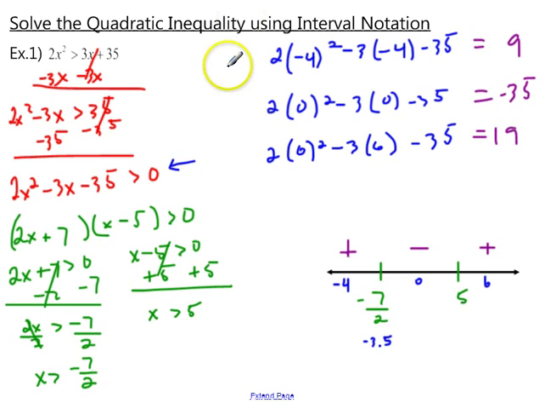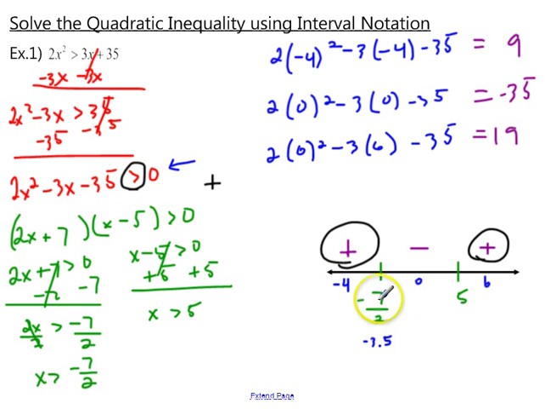So to get our final answer, we need to look at that inequality. Because it's greater than 0, all the numbers greater than 0 are positive. So we want the ones in the positive section, and because it doesn't have that equal to sign, we don't want the x-intercepts. So that means we want the numbers that are smaller than negative 7 over 2 and bigger than 5.